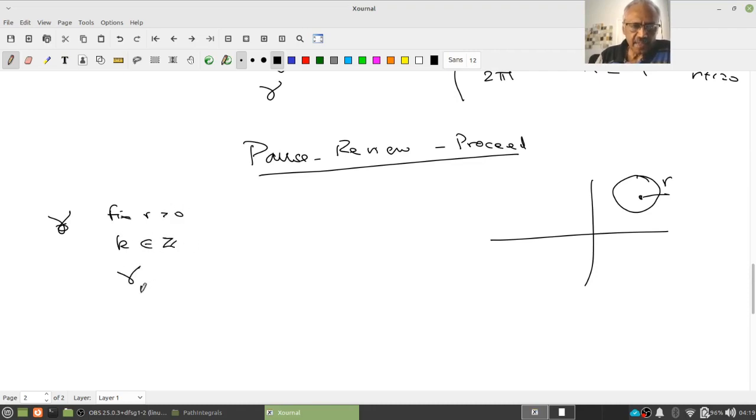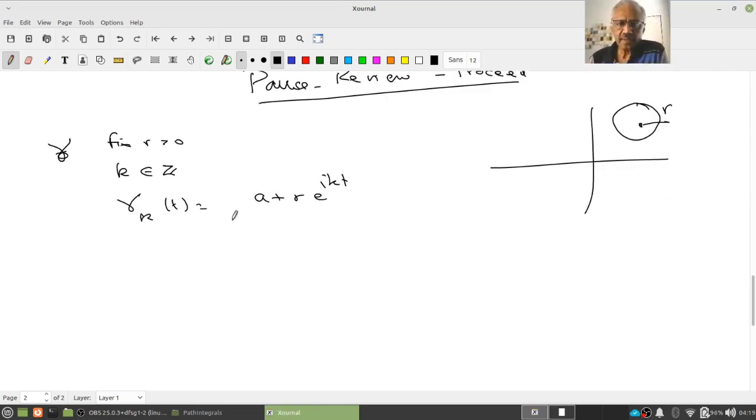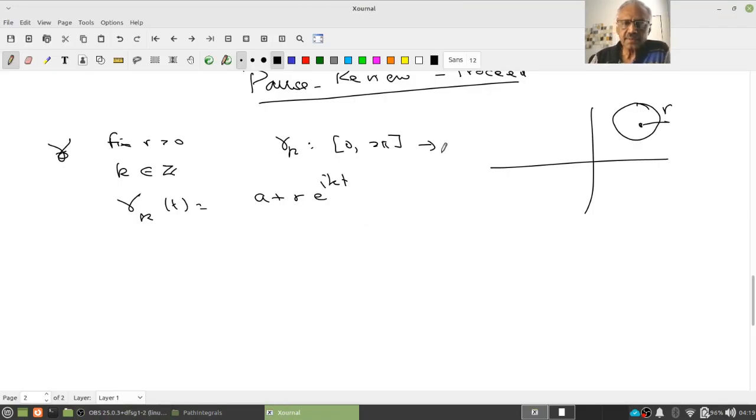Let me define gamma k of t equal to a plus r e power i k t, and t is again from 0 to 2 pi, so gamma k is again from 0 to 2 pi to C, right?